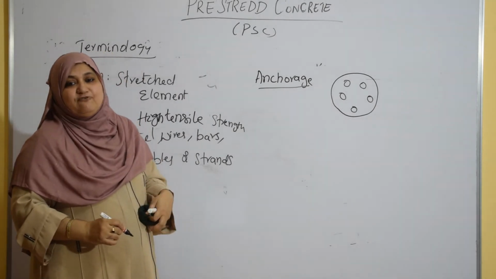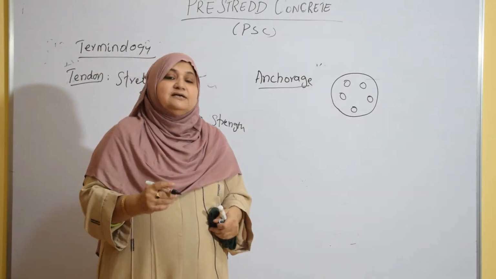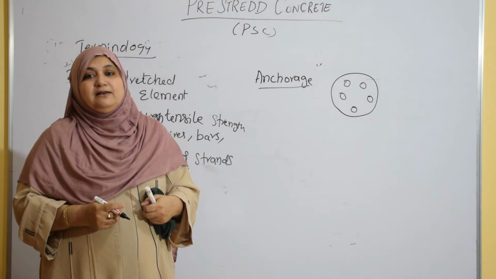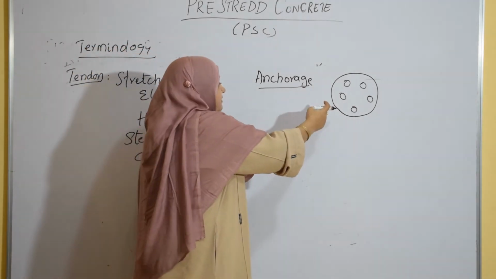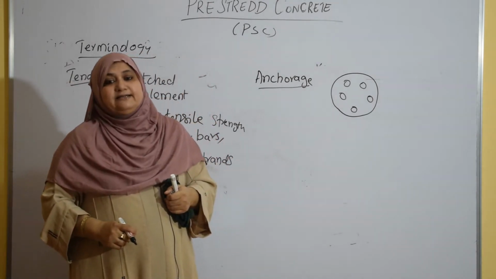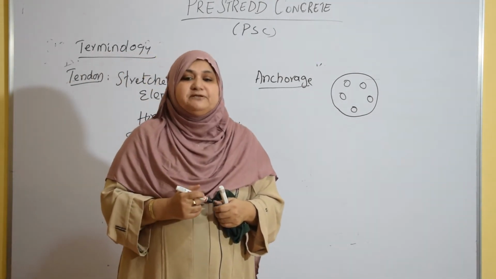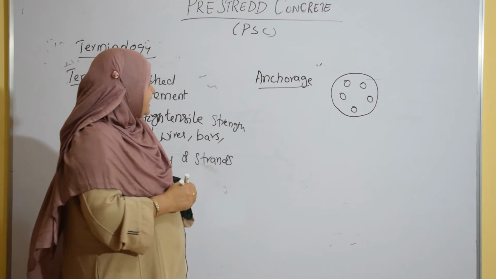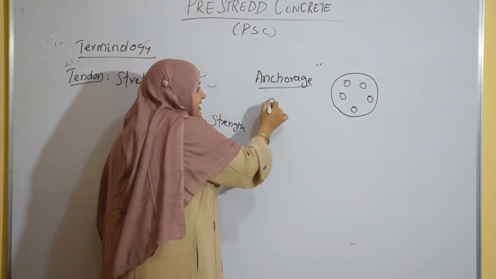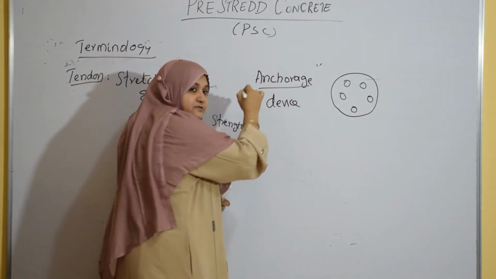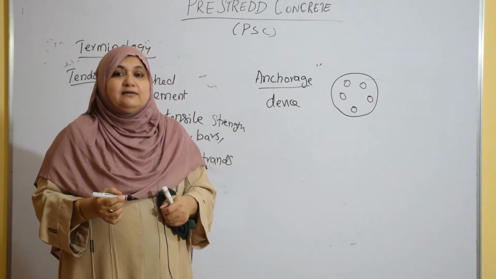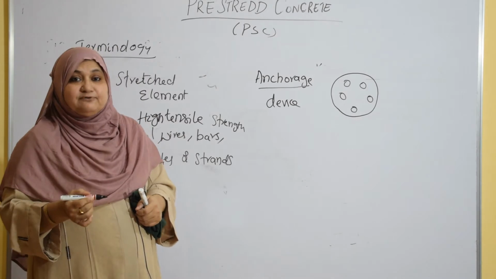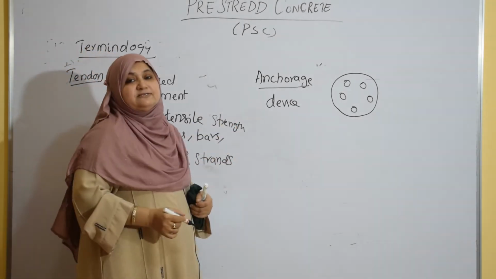Anchorage is a device which is generally used to enable the tendons to impart and maintain the pre-stress in the concrete, right? I'll just tell you again, it is a device generally used to enable the tendons to transfer and maintain the pre-stress in the concrete.